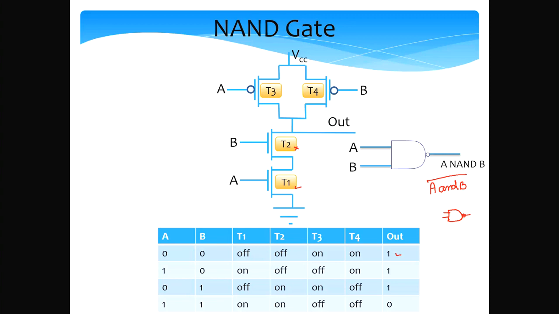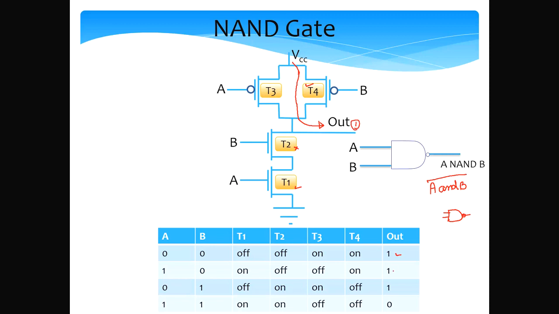But since B is 0, T4 is turned on. Hence we have a conducting path between the supply voltage via T4 to the output terminal, right? So current can flow like this. As a result, the voltage here will get set to roughly the same voltage as the supply voltage, and we can assume that it's a logical 1.